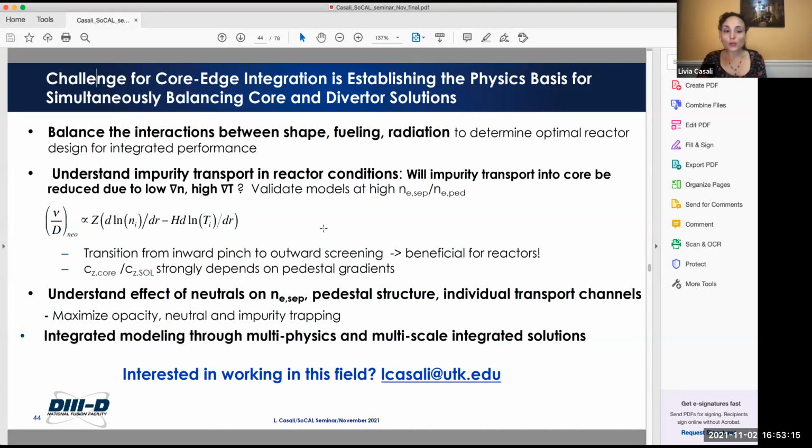Another important issue is to understand the effect of neutrals on the separatrix and on the pedestal structure. And so neutral impurity trapping, another topic that I touched on during the talk. And finally, this core edge integration is really pushing towards integrative modeling through multiphysics and multi-scale solutions.